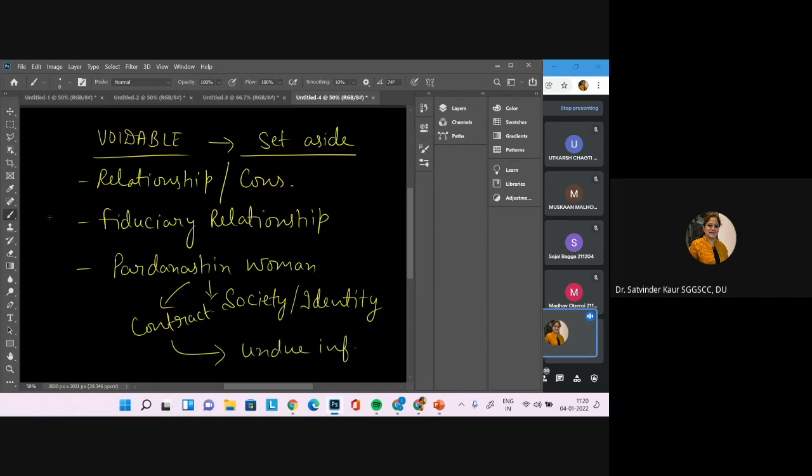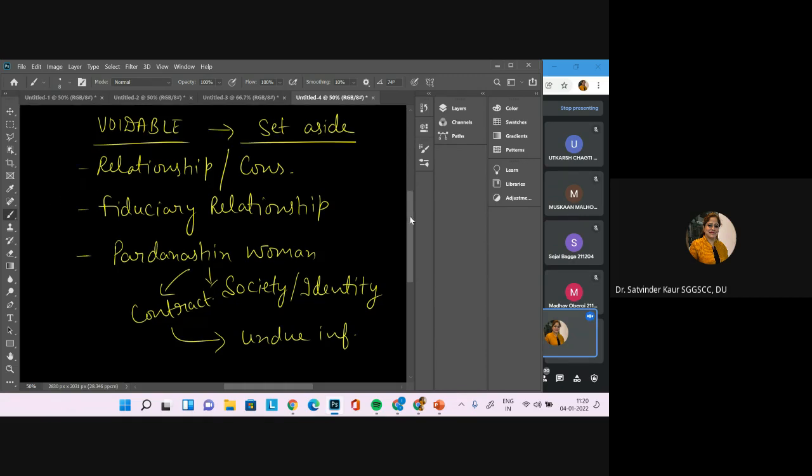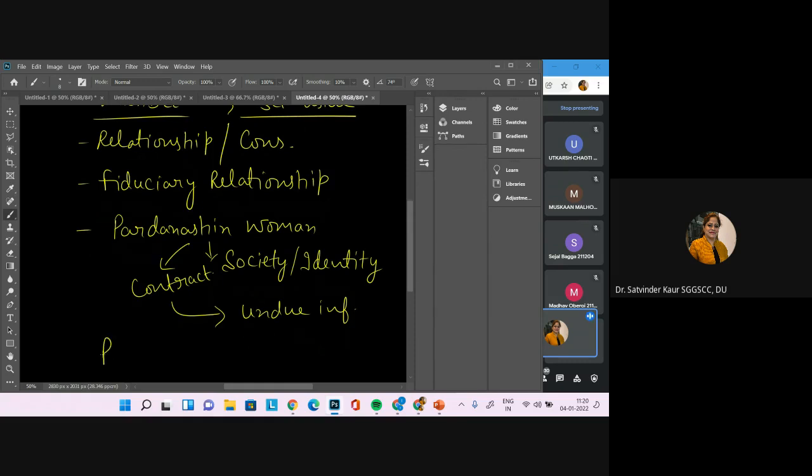So in सारी situations में where we talk about कि trust and faith relationship है या unconscionable transaction है या पर्दानशीन women के साथ transaction है, in that particular case there is a presumption by law that there are likely chances that the domination of will has been used to compel the other party to enter into the contract. So this becomes a situation of presumption of undue influence, right? Is it clear? So that's it in case of undue influence.